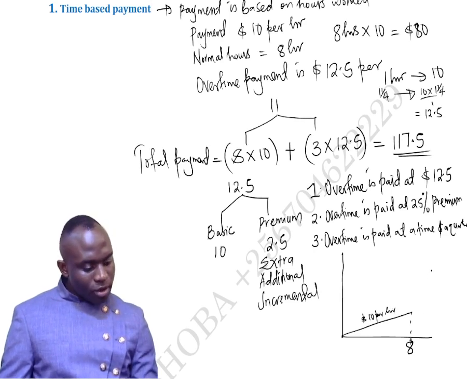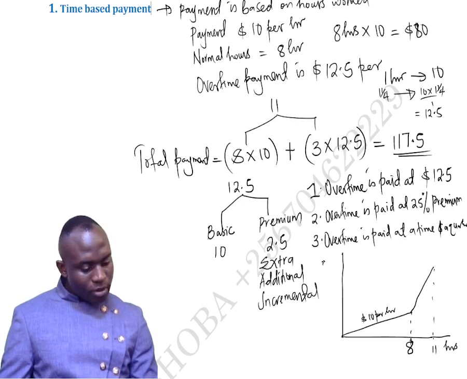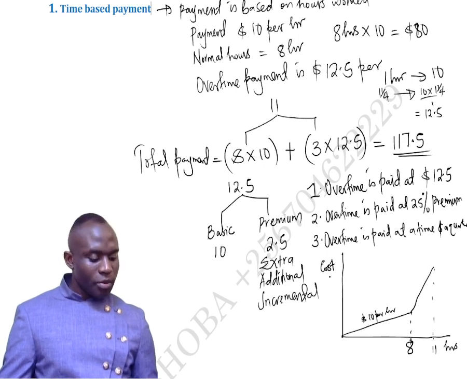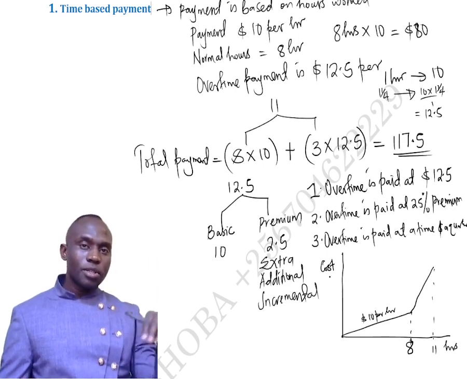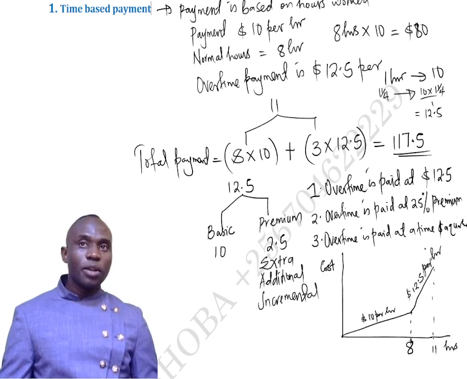But for the extra 3 hours, to make it 11, so this is hours and this is the cost or the payment. So for the extra 3 hours, the payment is slightly higher. So it is $12.5 per hour. So as you can see, the steepness.